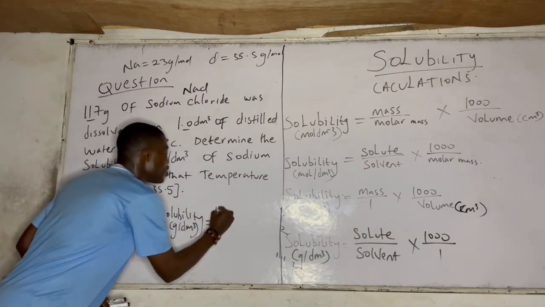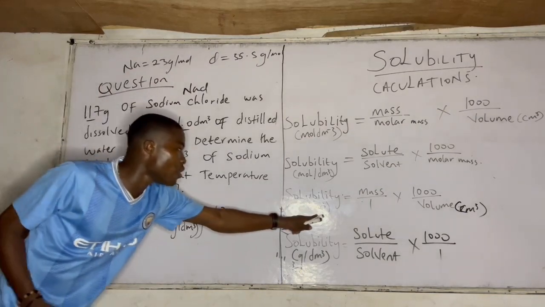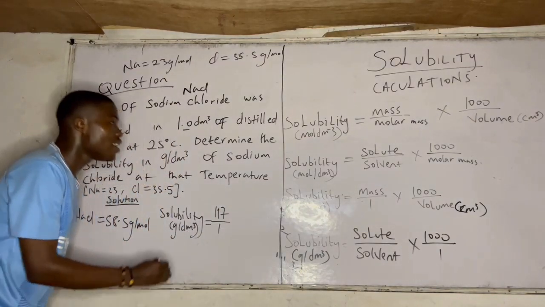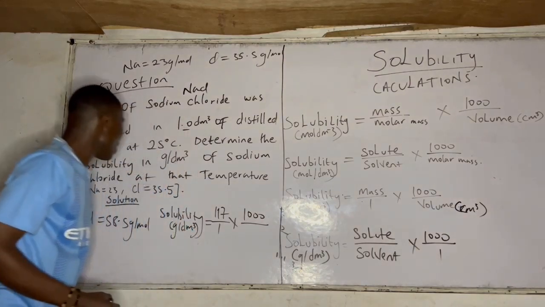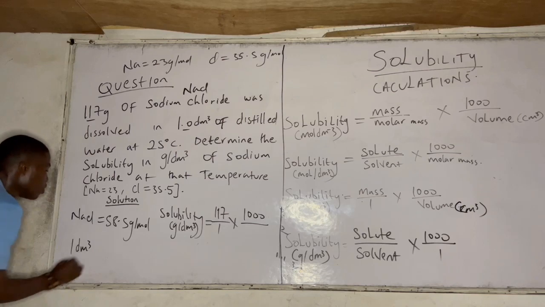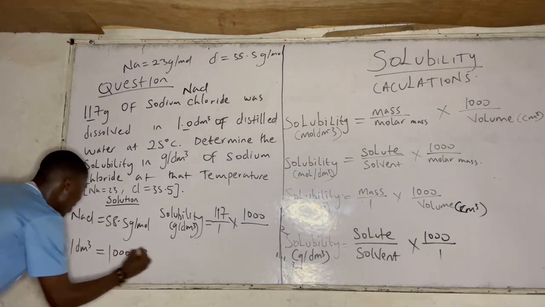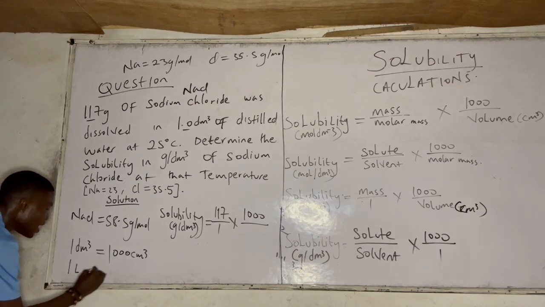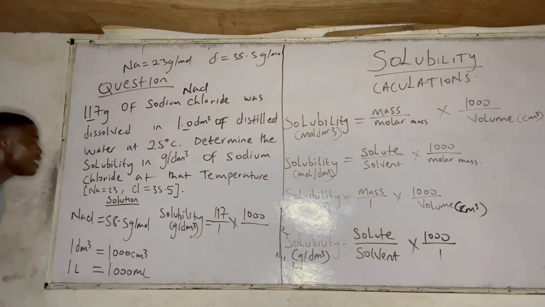now what's the mass? The mass of the salt in the solution is 117 grams over 1, times 1000 over, as I told you, it gave us 1 dm³ of solution. 1 dm³ is equal to 1000 cm³. I already said dm³ is liters, cm³ is milliliters.